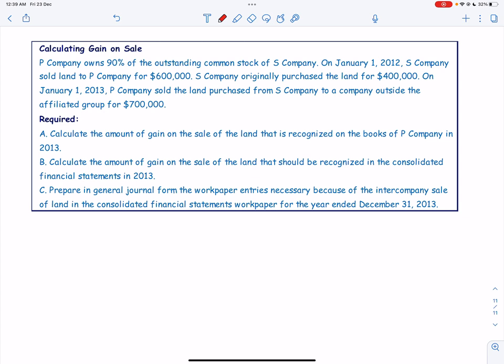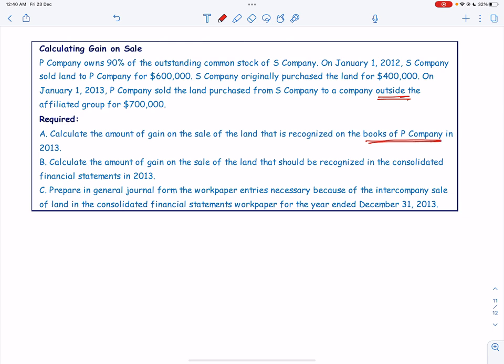On January 1, 2013, P company sold the land purchased from S company to a company outside the affiliated group for 700,000. So we have to calculate the amount of gain on the sale of the land that is recognized on the books of P company.